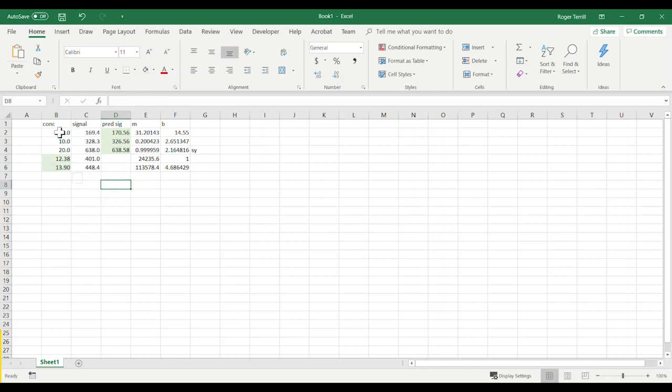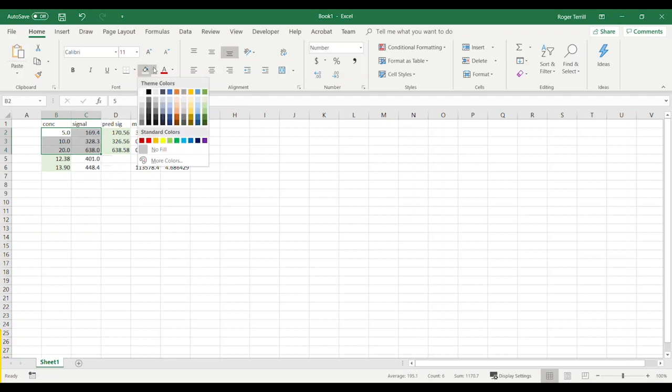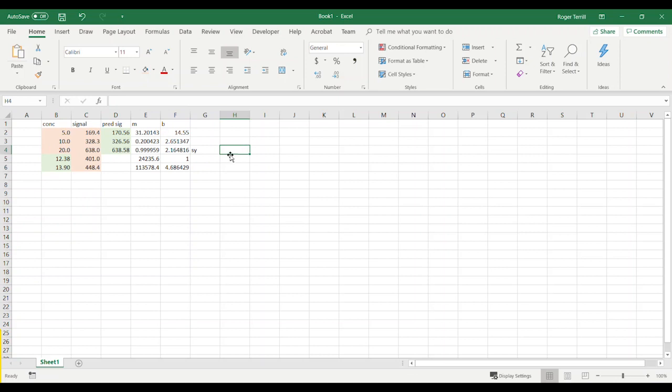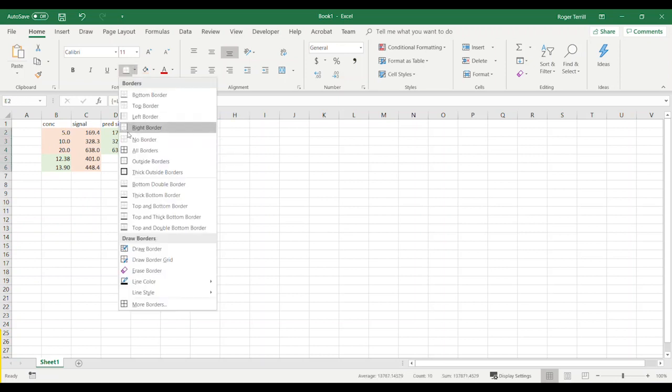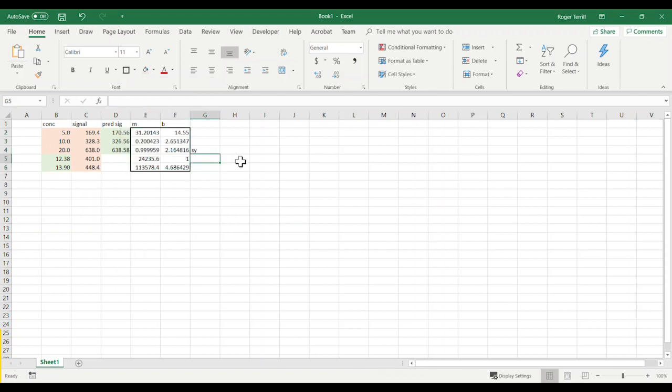And then we can highlight these experimental data in, let's say, peach here. Those are the acquired data. This is the LINEST here. I'll just put a thick outside border on that to delineate it.